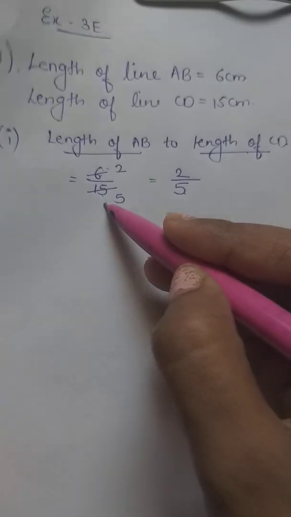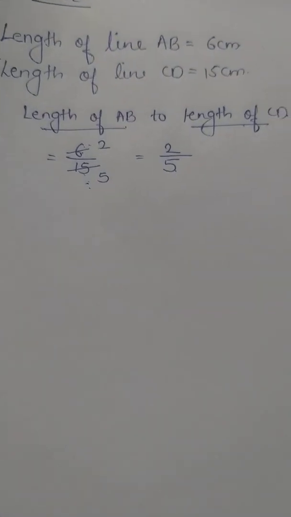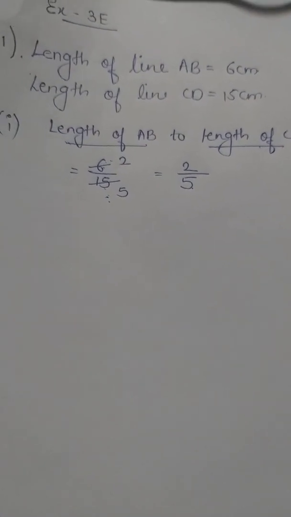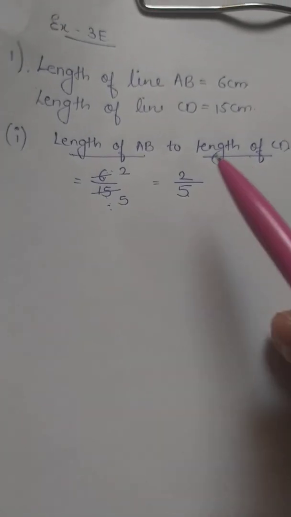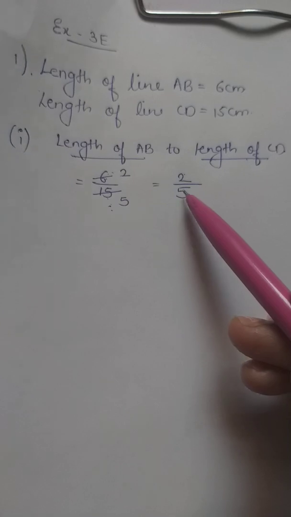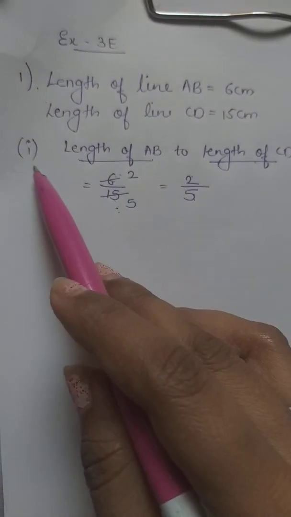Now make 6 by 15 to the lowest term by cancelling with the table of 3. 3 2s are 6 and 3 5s are 15. So numerator 2 and denominator 5. This is the answer of the first point.